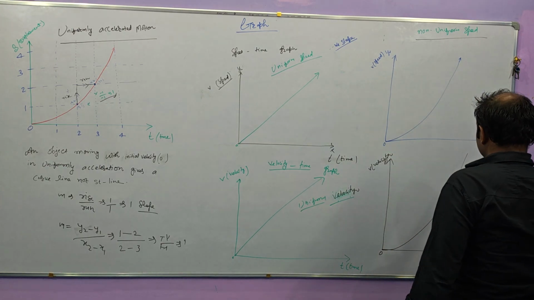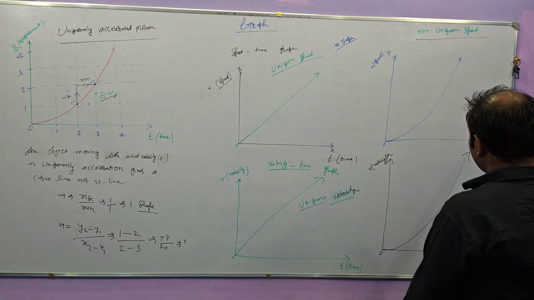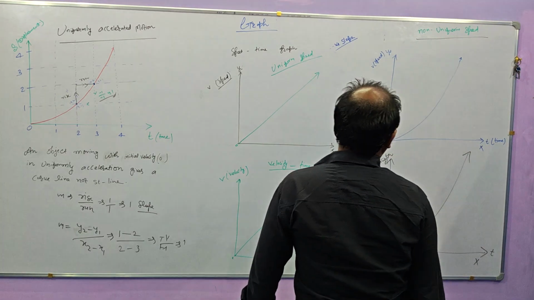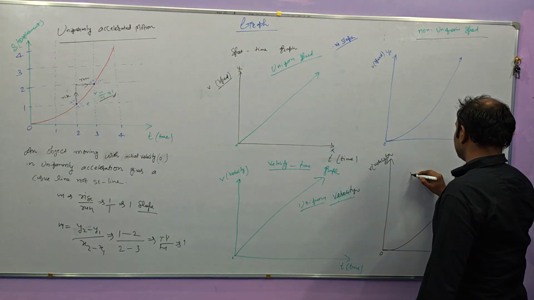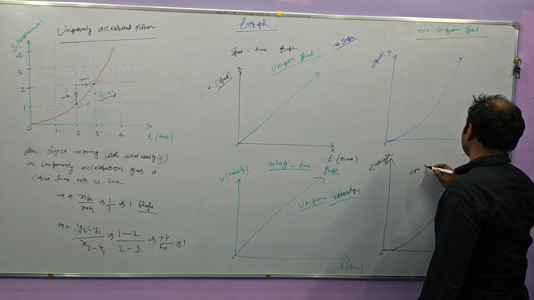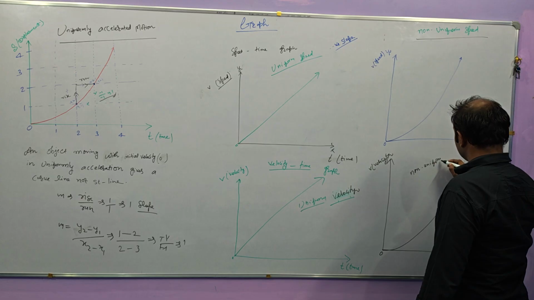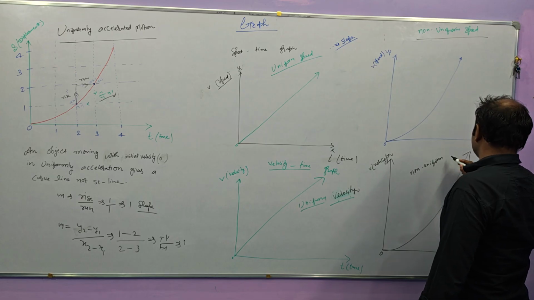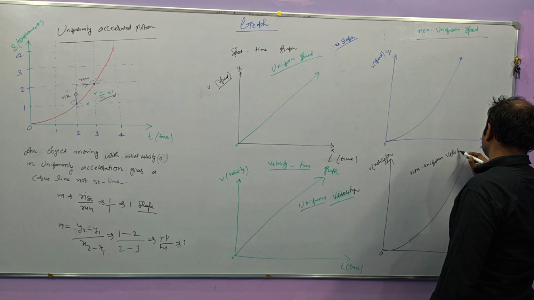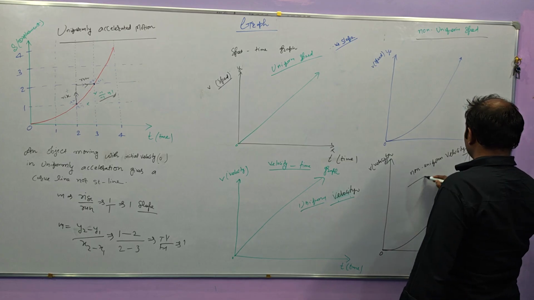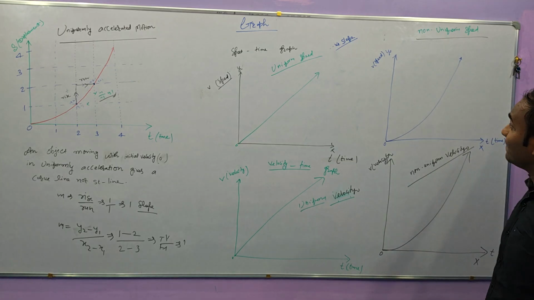We have a curved structure. It is non-uniform velocity.